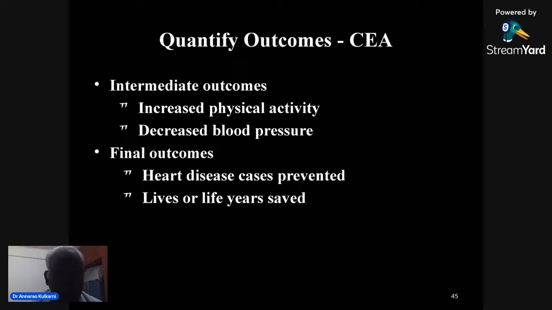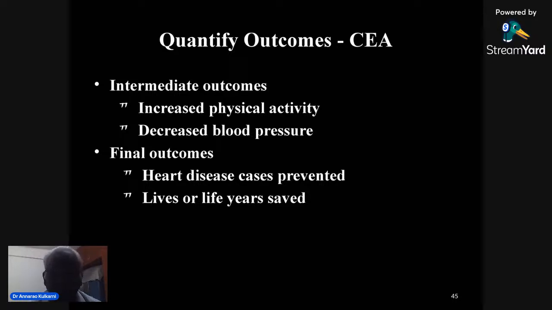Broadly defined effects are those that are more final and further removed, such as cases of heart disease prevented, lives saved, or years of life gained. These broad outcomes are more appealing in terms of effectiveness goals for a hypertension intervention.